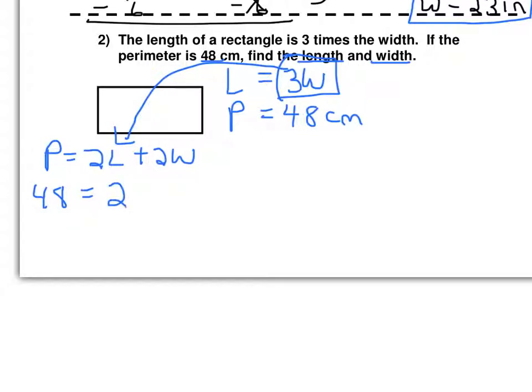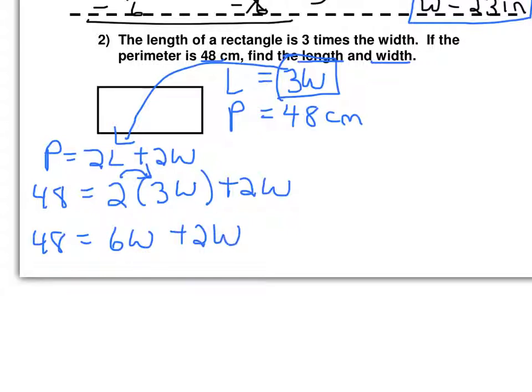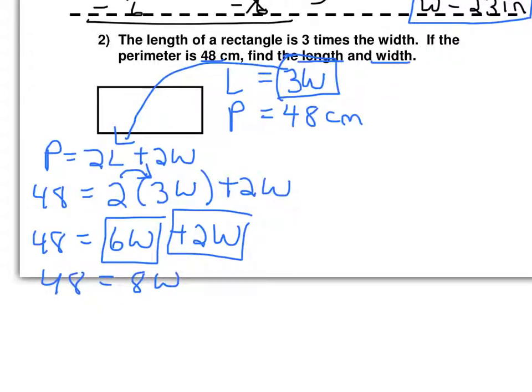So 2 times 3W plus 2W is equal to 48. Now I just do distributive property here. So 48 is equal to 2 times 3, which is 6W plus 2W. Now I combine like terms here. So 48 is equal to 8W, just adding those together.